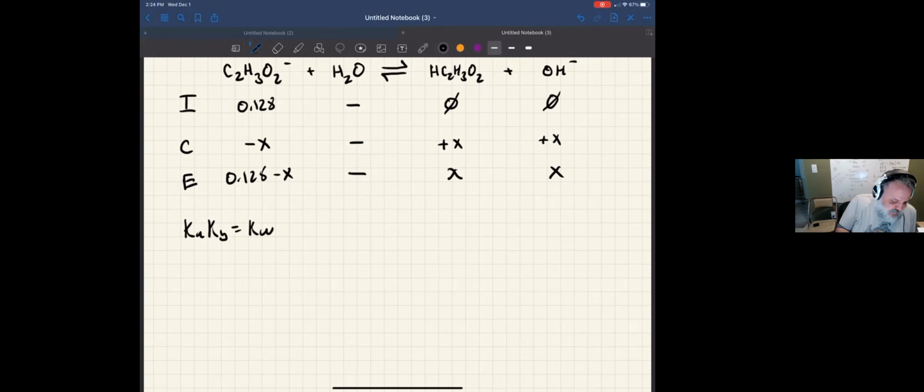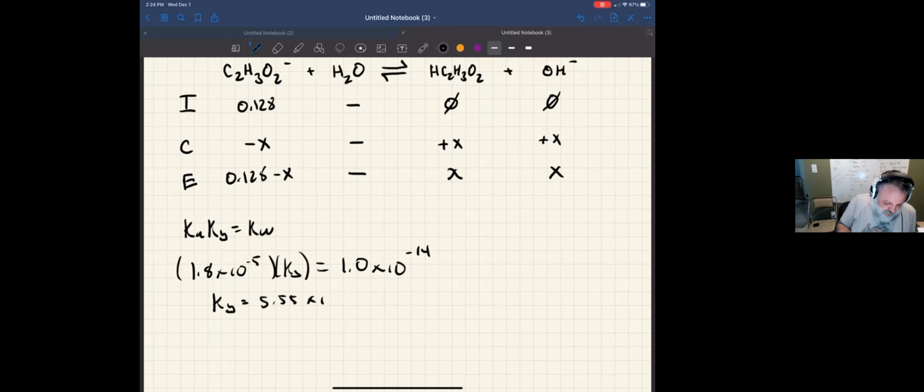And so that means 1.8 times 10 to the negative 5th times Kb equals 1.0 times 10 to the negative 14th. So Kb equals 5.55 times 10 to the negative 10th.